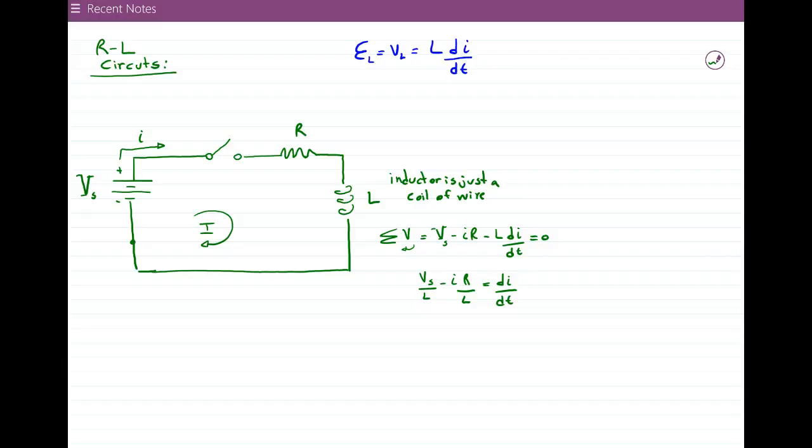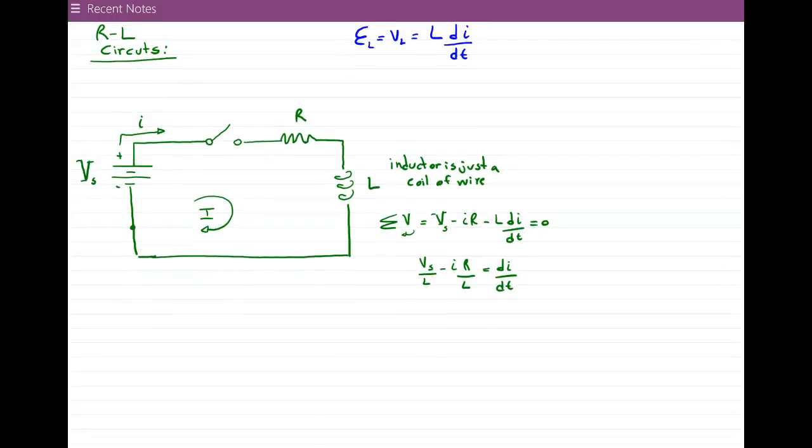And then I'm going to divide through by all this stuff on the left-hand side of the equation. If I do that, I'll have dt isolated, and on the right-hand side of the equation, I'll have dI divided by Vs over L minus I R over L.